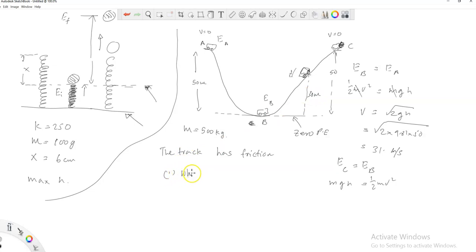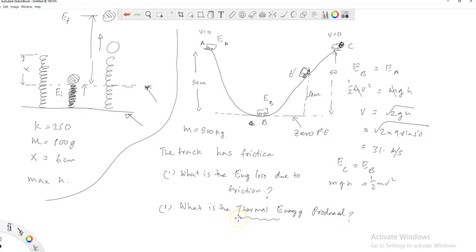what is the energy loss due to friction? Two, what is the thermal energy produced?